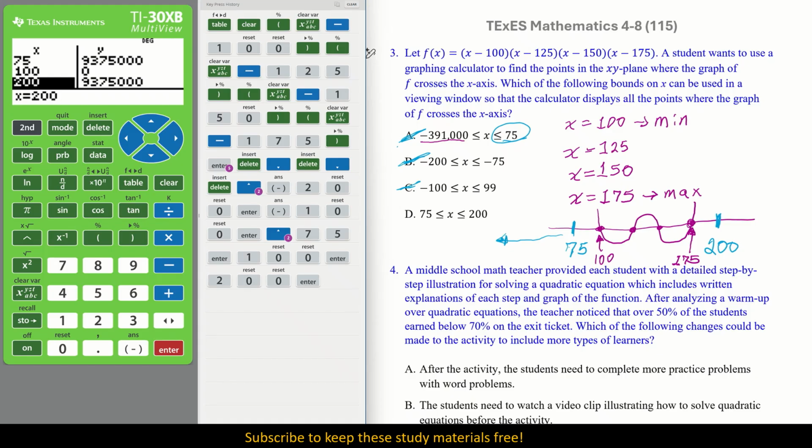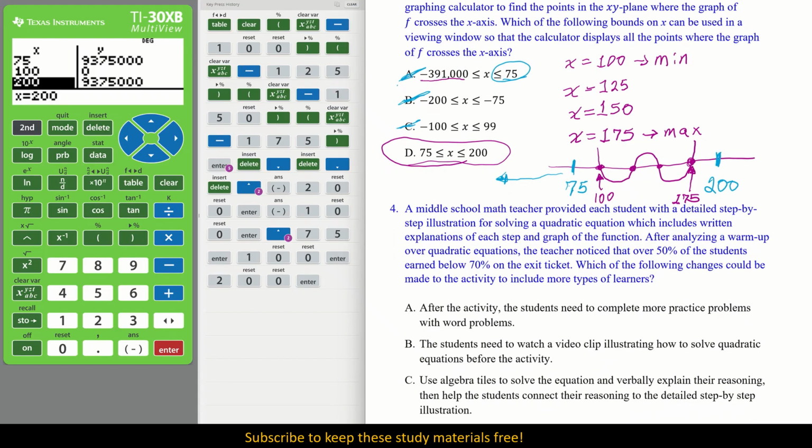This tells me that from 75 to 200, we're going to have a nice square even window. Okay, that's what it told me. And that's why I selected D, because it would be the best window to show me my entire function and my values of X. Okay. All right, that was a little long-winded to maybe get to Captain Obvious for you, but it maybe gave some other thought on what you're looking for.